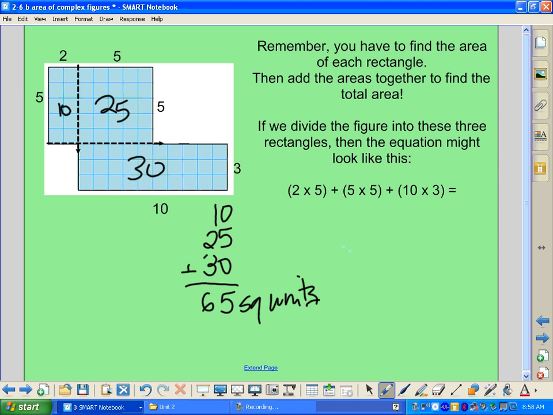So it doesn't matter how I divide it, I will still come up with the same area.